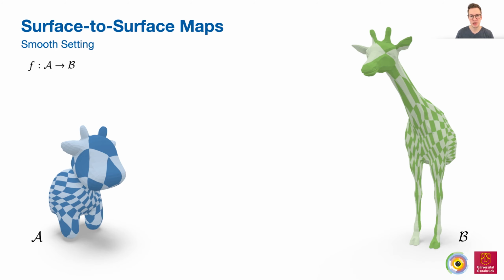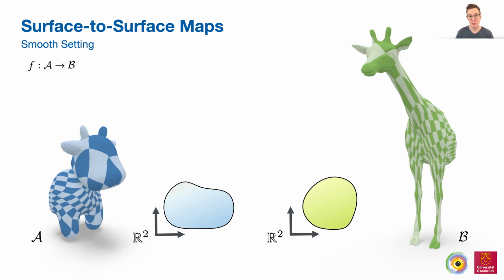So equipping a surface with 2D coordinates, that actually corresponds to the surface-to-plane mapping problem that we talked about a minute ago. Because such a map essentially pulls the 2D Euclidean coordinate system from the plane onto the surface. And that's why such a mapping to the plane is also commonly referred to as a parametrization. It equips the surface with UV parameters.